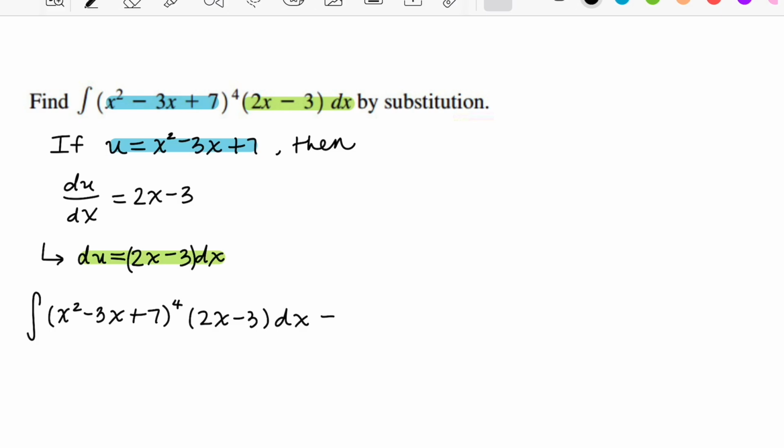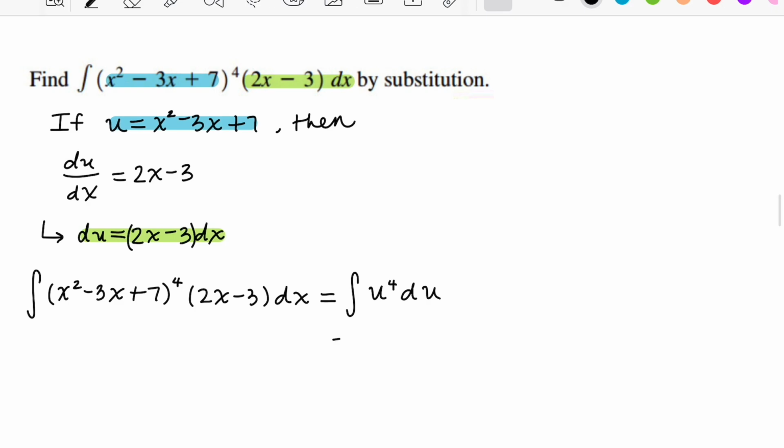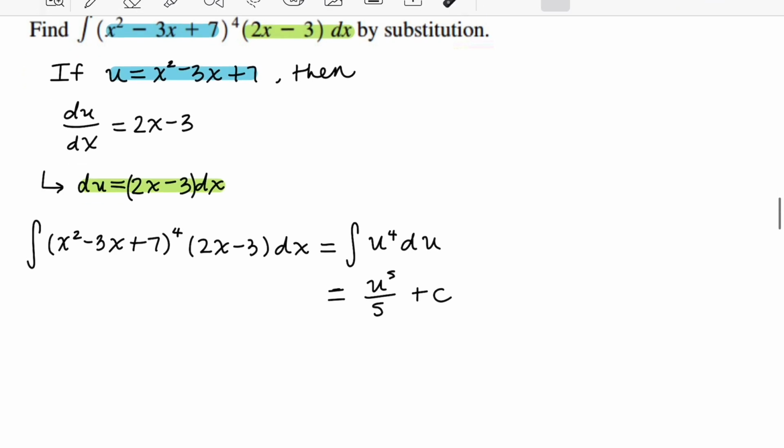So we're going to rewrite this using the fact that u is equal to this and du is equal to this. So we're going to take the integral of u to the power 4 times du. So now what we're doing here is just integrating u to the 4th power. So this is going to be u to the 5th over 5 plus some constant c. And then remember we said u is equal to this, so what we'll do is plug u back in.